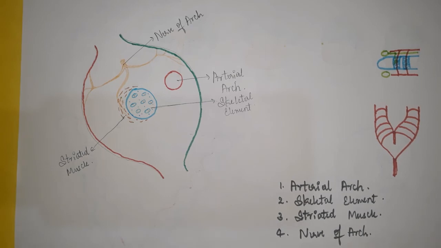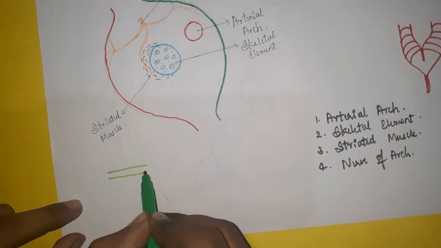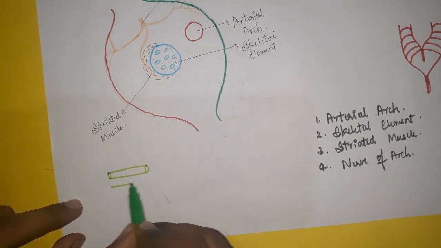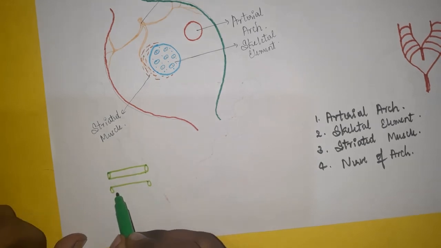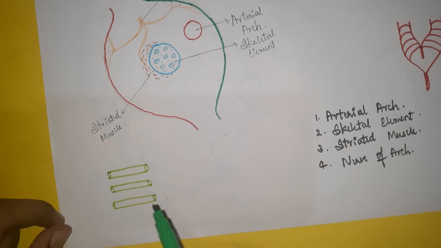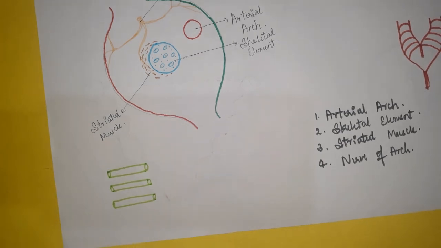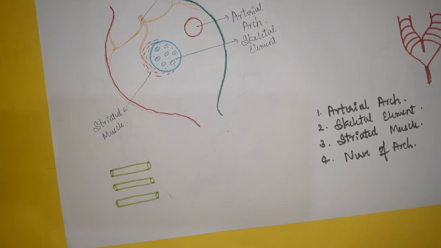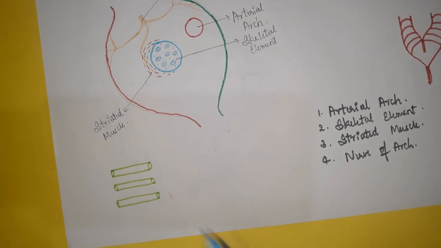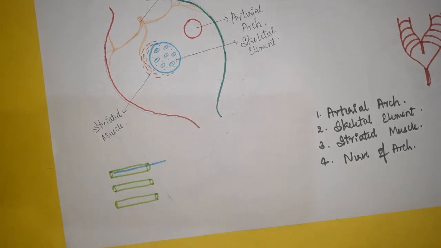Now consider a note. Say this is one pharyngeal arch, this is another pharyngeal arch, and this is another pharyngeal arch. In lower animals, each pharyngeal arch has two nerves. This is one nerve, the actual nerve of this arch.